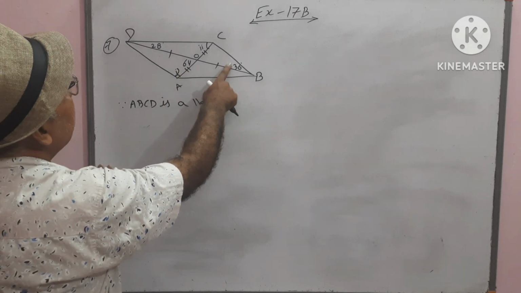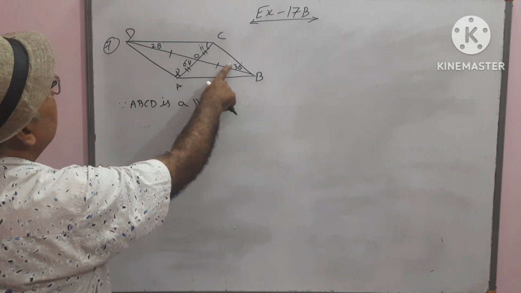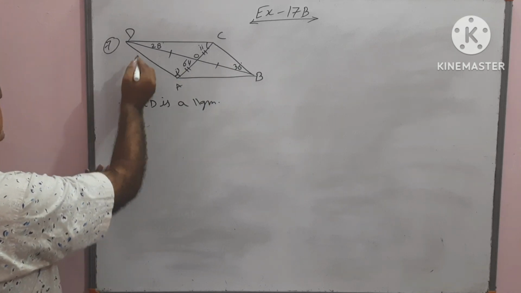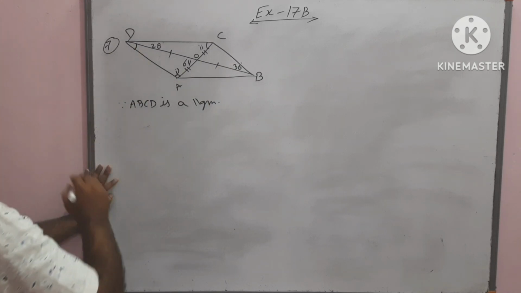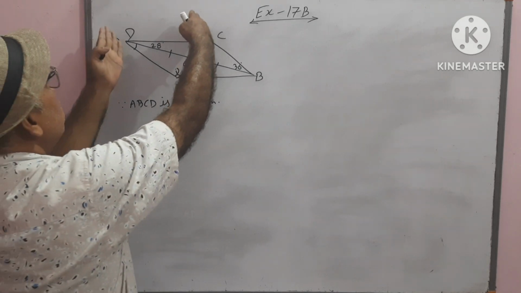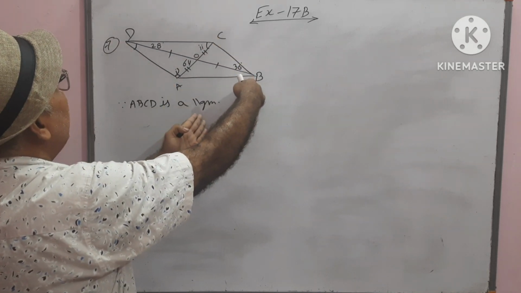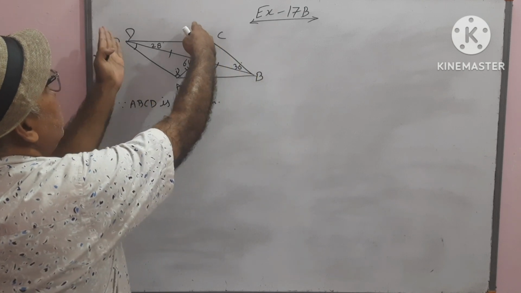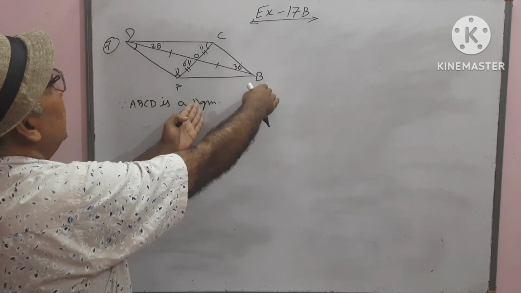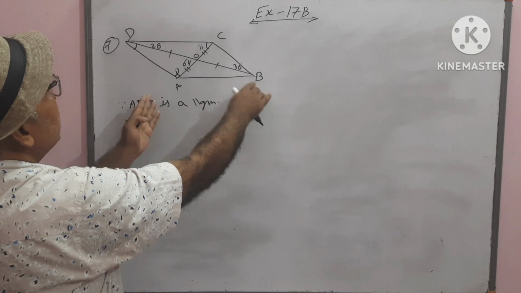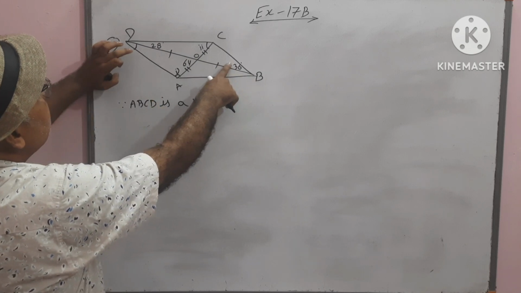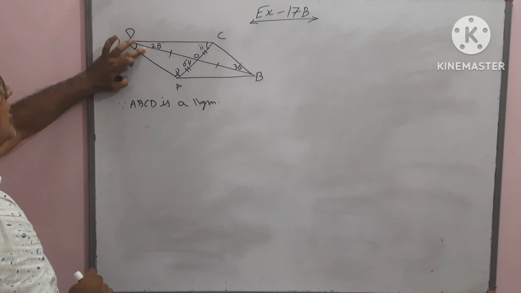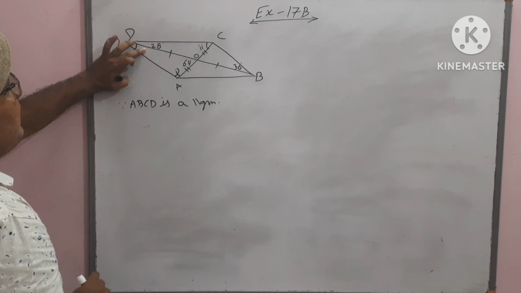If this angle is 36 degrees, then what will be this angle? Because BC and AD are parallel, BD will be the transversal. BC and DA are parallel, so BD is a transversal. So if this angle is 36, this will also be 36 because of alternate interior angles.